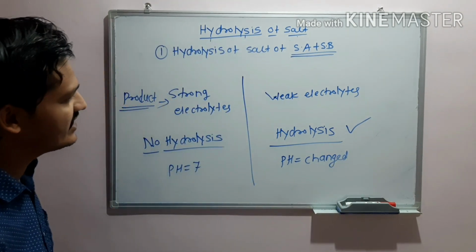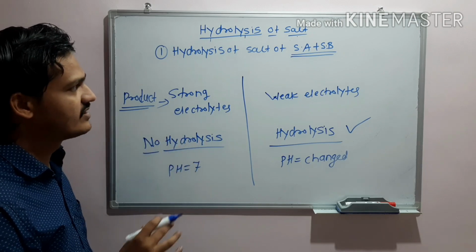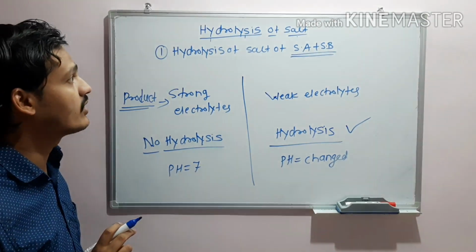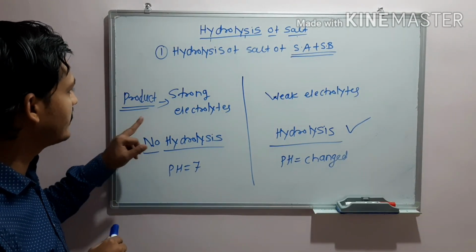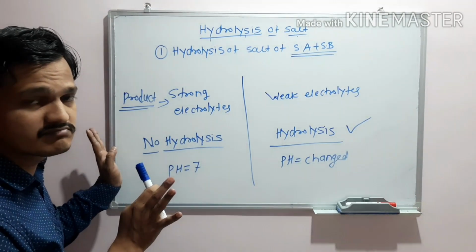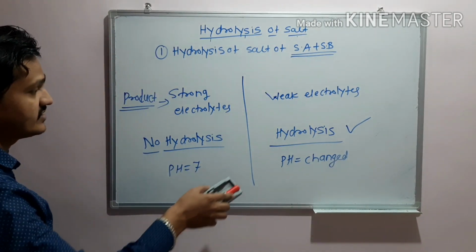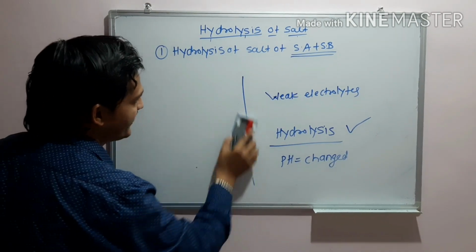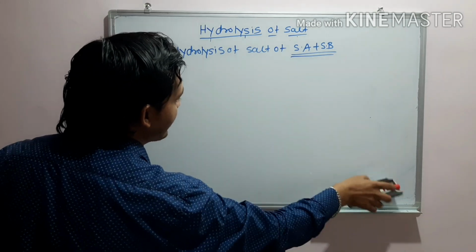So these are the two key points for solving hydrolysis of salt of strong acid and strong base. In case the product is a strong electrolyte, no hydrolysis takes place. So this is the basic data for understanding, and I am writing that.